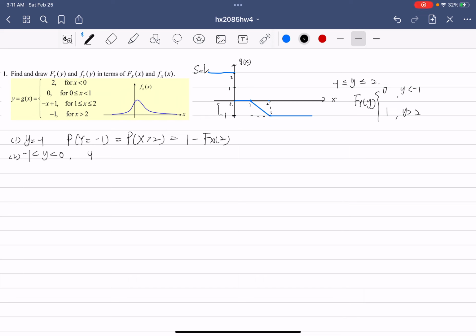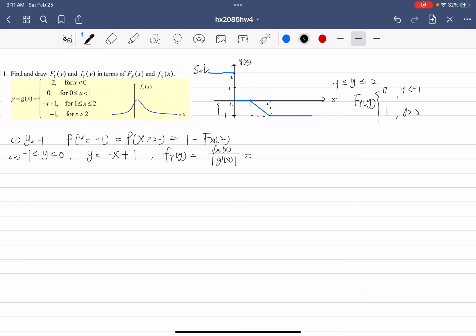In this part, y equals -x plus 1, so the density function of y will be the probability density function of x divided by the modulus of g'(x).